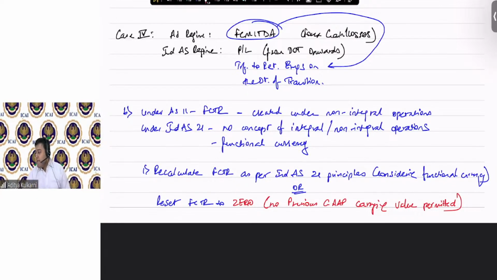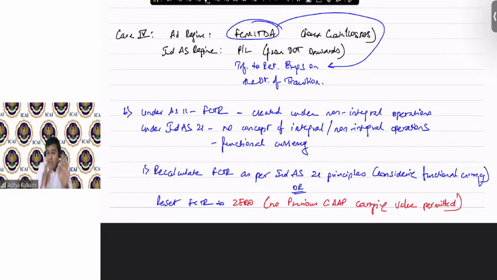Sir, under Ind AS 21, there is no concept of FCTR. That is wrong. There is a concept, there is a calculation of FCTR which is given, which you would have studied. Particularly when you are consolidating your subsidiary, a foreign subsidiary, into the Indian parent's books. When you are doing that consolidation, at that time you will have to take that difference to FCTR. So therefore, FCTR is very much there.